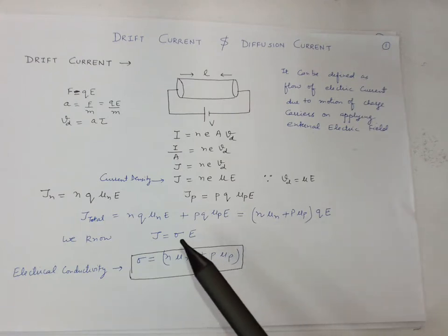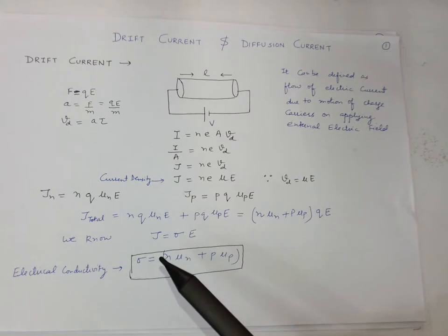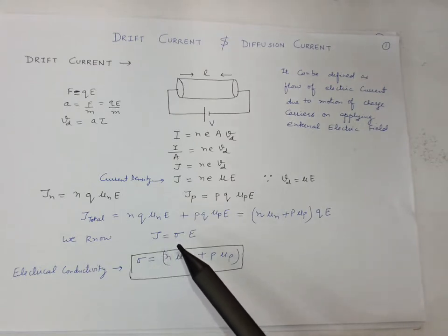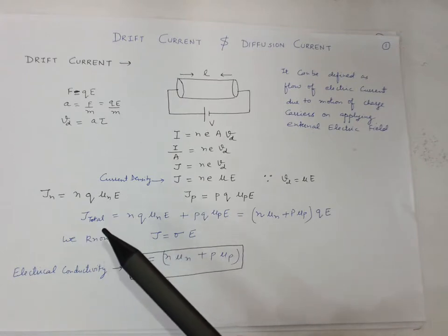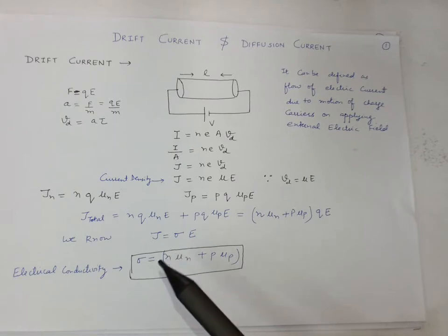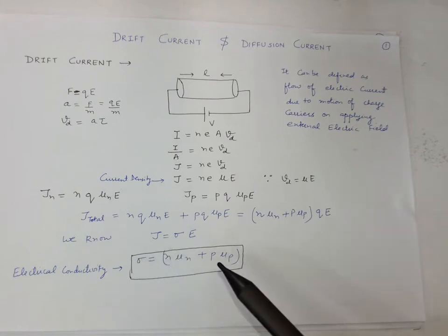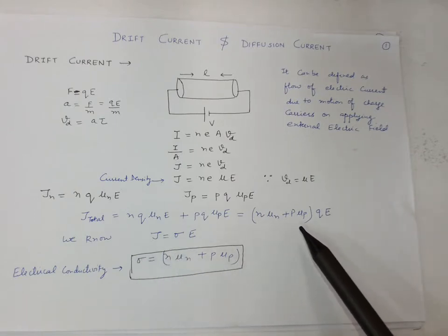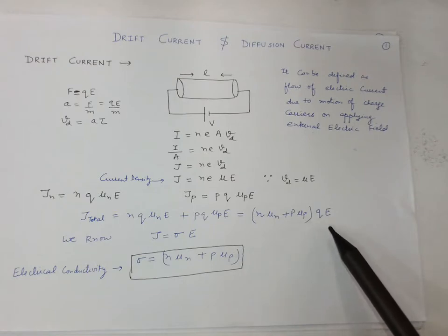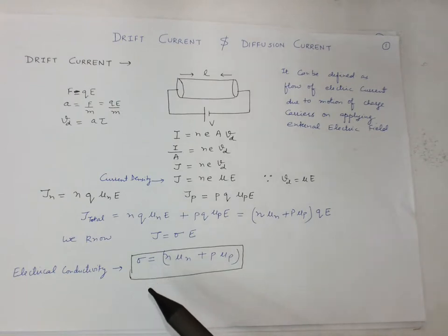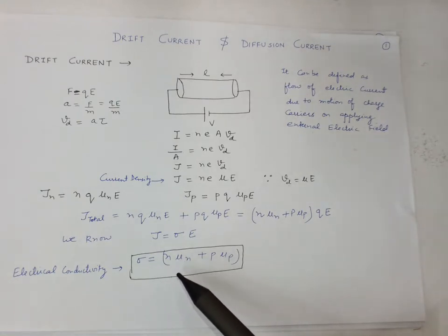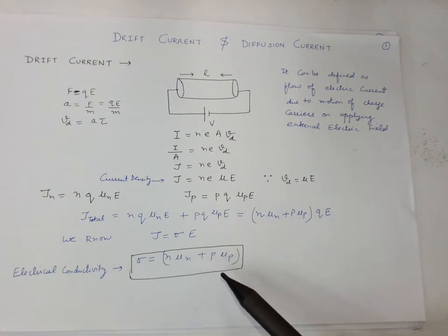Now there is one more expression that we know, that is J = sigma into E. When we substitute this relation into the total current density expression, it becomes sigma E = (n mu n + p mu p) qE. Out of that, E gets cancelled and we have an expression for electrical conductivity, which is given by sigma = q(n mu n + p mu p).